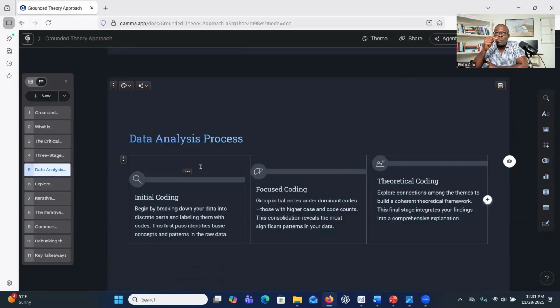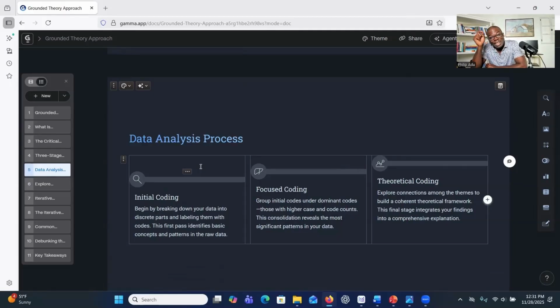A dominant code is a code that has so much rich information in terms of the context. A dominant code is a code that most participants have confirmed the existence of. So you have to think about all these factors to come to a conclusion about the dominant code.